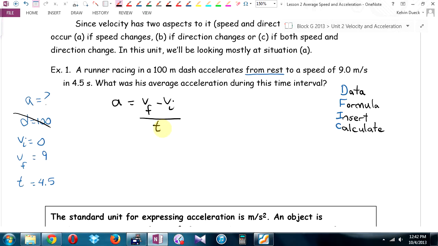Tawny, is there more than one letter on the top? Yeah. Would that suggest I better put the top in brackets? Yeah. Just saying. So, data, formula, insert. V final, 9, minus V initial, 0, all over 4.5.